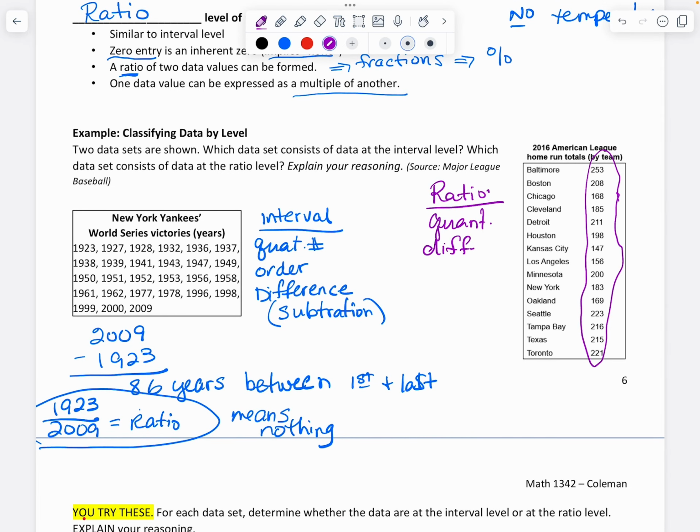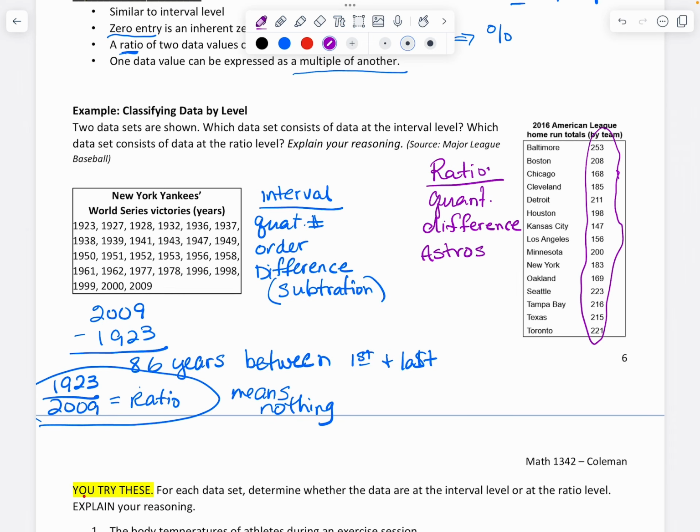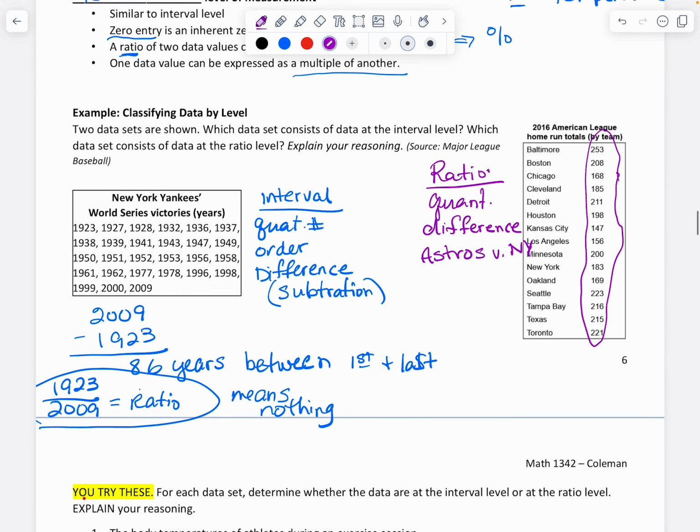Okay. The difference. Can we take the difference of this and have it make sense? Well, if we look at the Astros, and we want to know how many more home runs the Astros had than New York, then I can say, well, the Astros had 198, New York had 183, so 198 minus 183 says that the Astros had 15 more home runs.